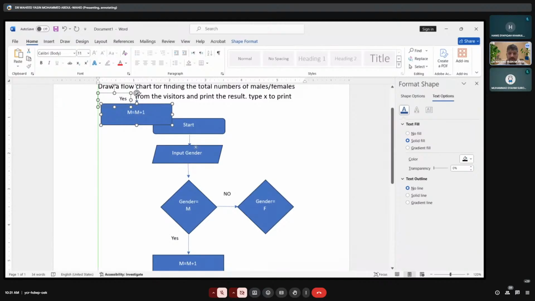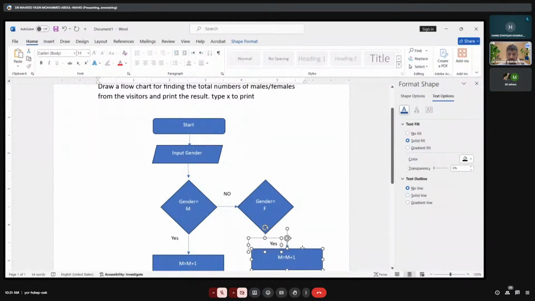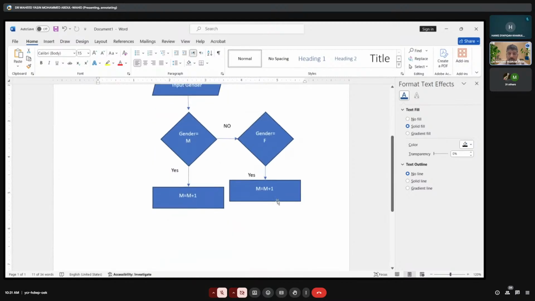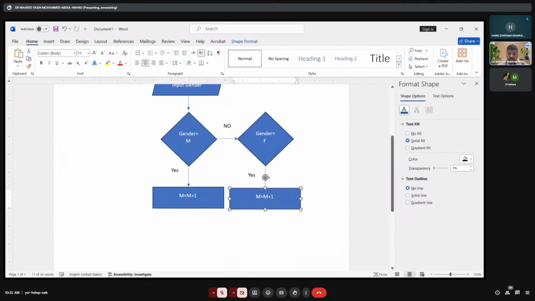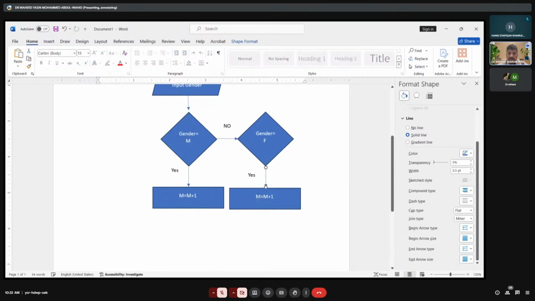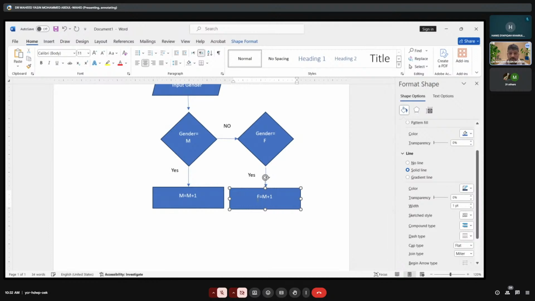So here, what is the answer? As you said here, F equal F plus 1.